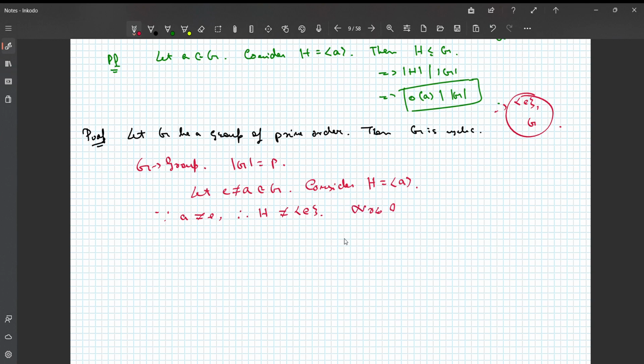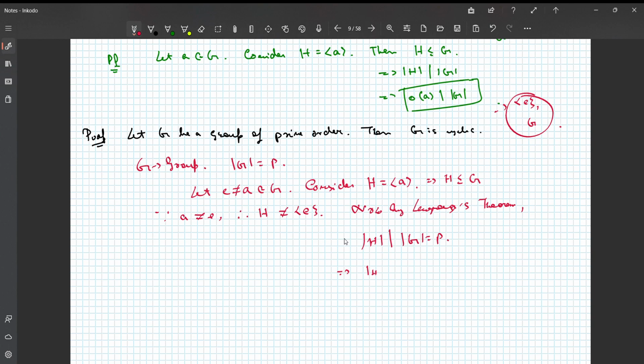Now, by Lagrange's theorem, since H is a subgroup of G, because H is chosen to be the cyclic group generated by A, where A is an element from G, the order of H must divide the order of G. But the order of G is a prime, right?